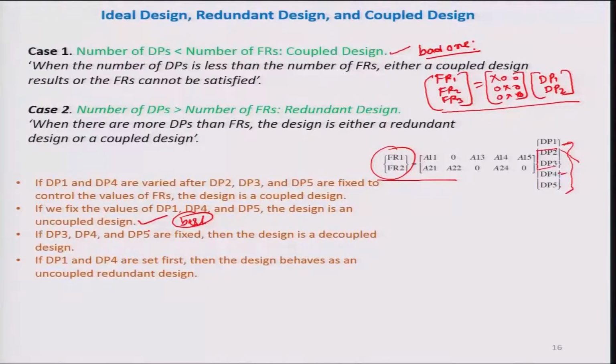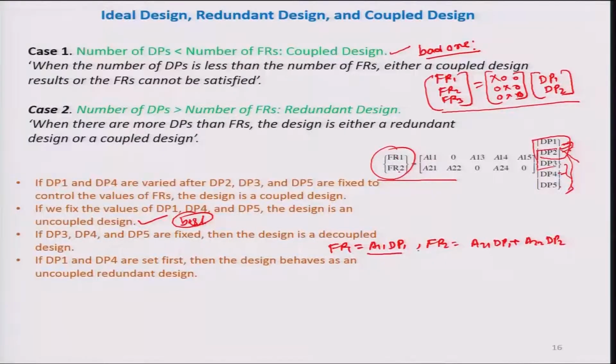Third condition: if dp3, dp4 and dp5 are fixed, then the design is called decoupled design, because if you make the equation for FR1 and FR2, in each requirement the involvement of both parameters will be there. So, for that case, you write FR1 is equal to a11 dp1 and FR2 is equal to a21 dp1 plus a22 dp2.